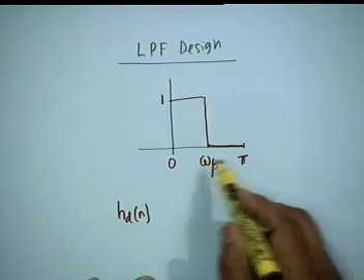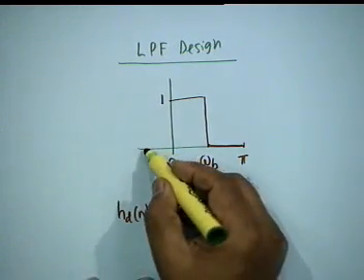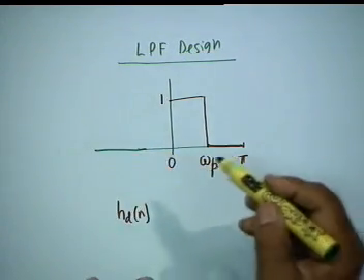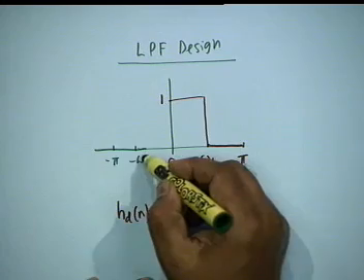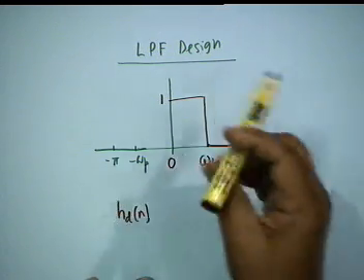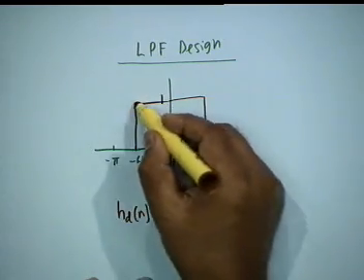Instead, you can take from 0 to 2 pi also, the result shall be the same. In other words, we extend this to minus pi, minus omega p, and therefore the response that we start with is this.